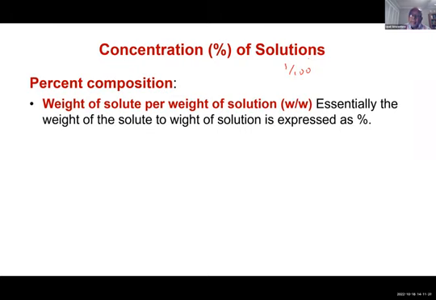The bottom W is the weight of the total solution. Essentially, the weight of the solute to the weight of the solution expressed as a percentage. So you get the weight of solute divided by the weight of solution, multiplied by 100. You get the weight by weight percentage.